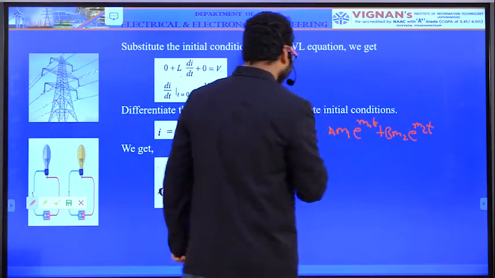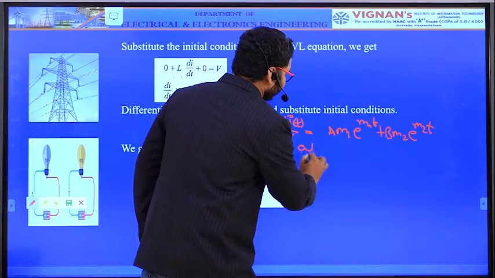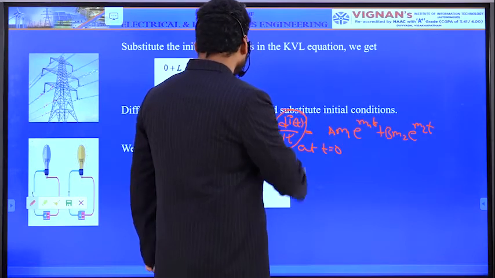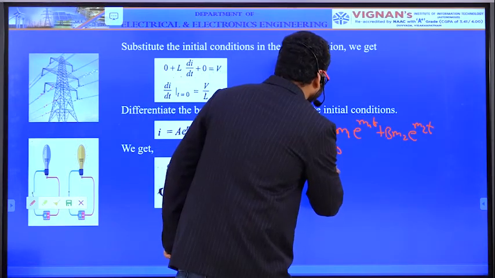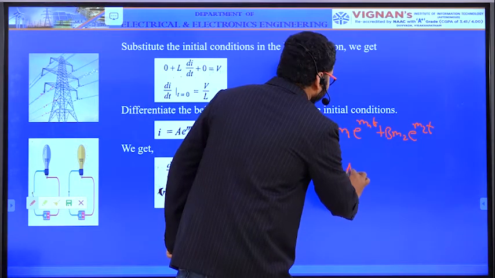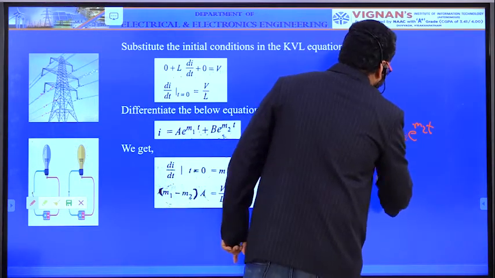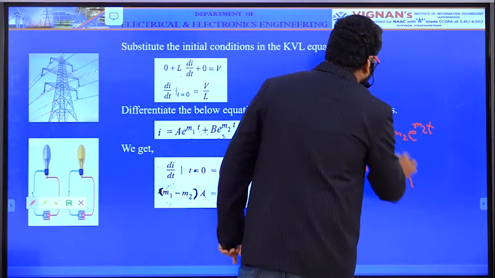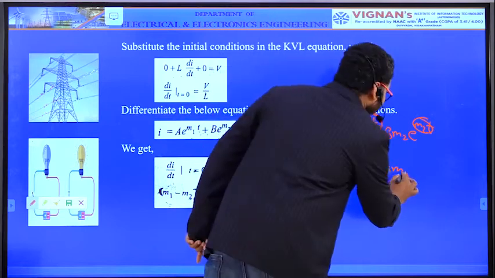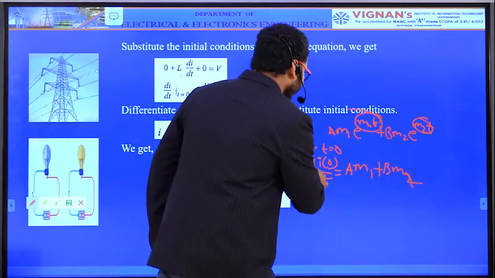At t equals to 0, di of 0 by dt equals a m1 plus b m2, because if you substitute t equals to 0, e to the power of 0 is 1.